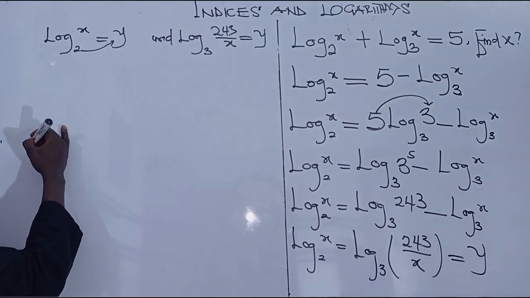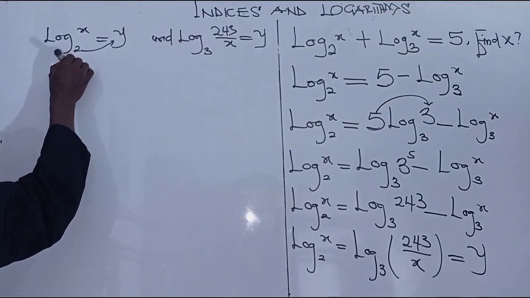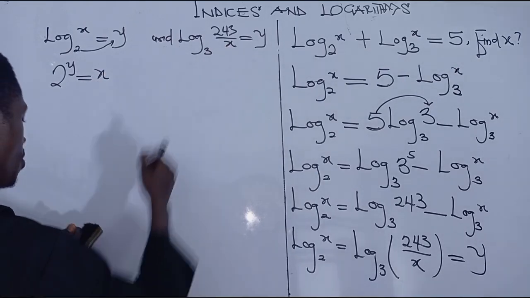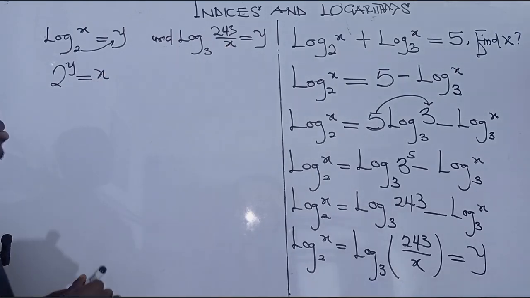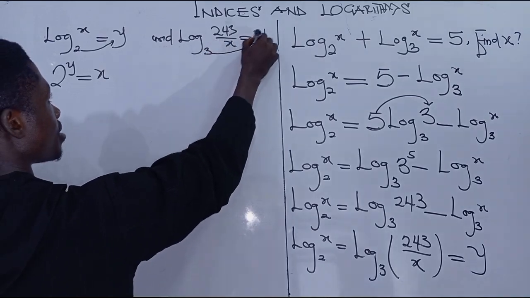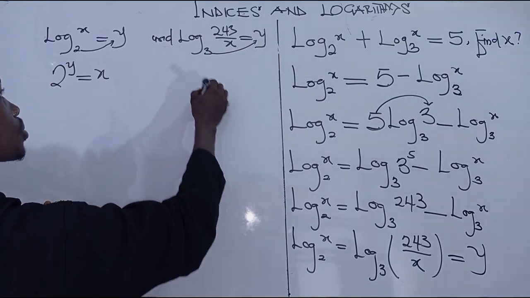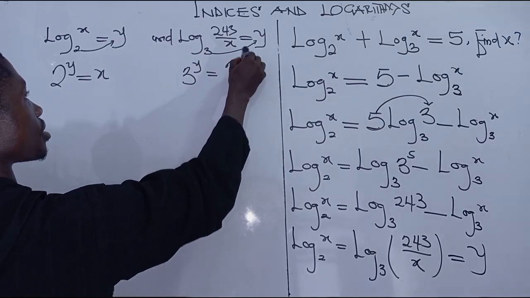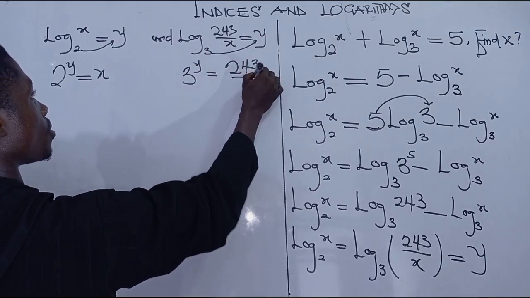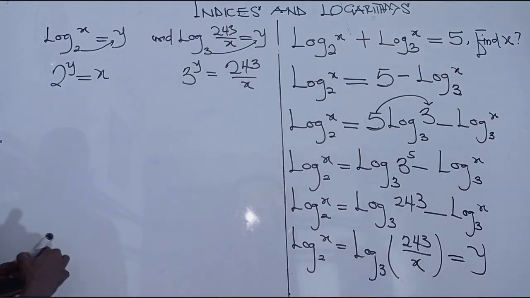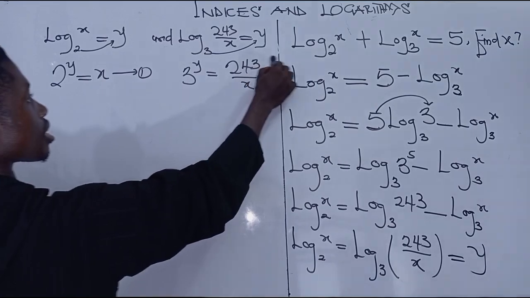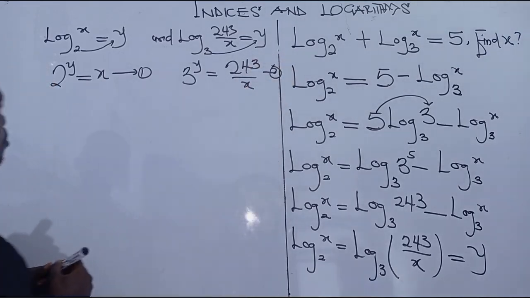So at the end, we are going to have 2 raised to the power y is equal to x. We are also going to convert this into an exponential equation where the base of the logarithm will become the base of the y. So we are going to have 3 raised to the power y is equal to 243 all over x. Now we have two systems of equation. Let's call this equation 1 and this equation 2.